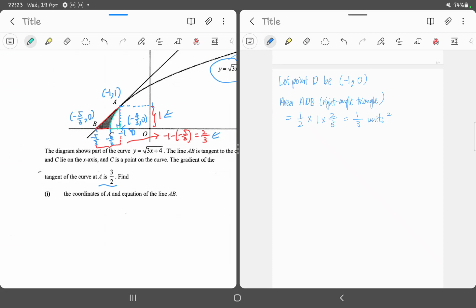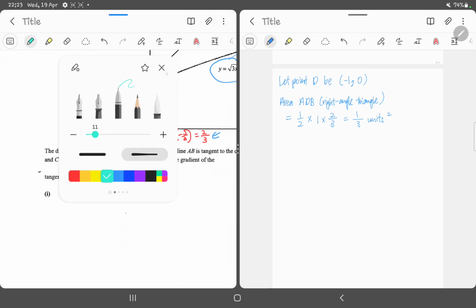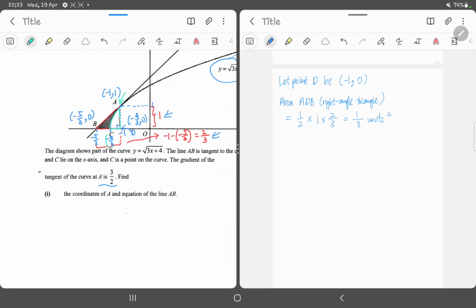So this area outlined over here, right? This shaded area is actually the area under the curve, okay, from minus 4/3 to minus 1. So this area that I have outlined here, right, I repeat, is actually the area under the curve from minus 4/3 to minus 1.